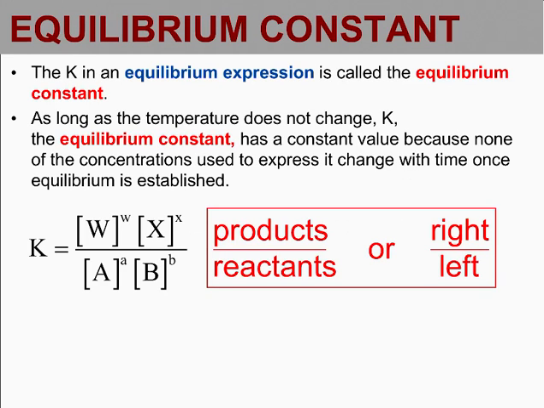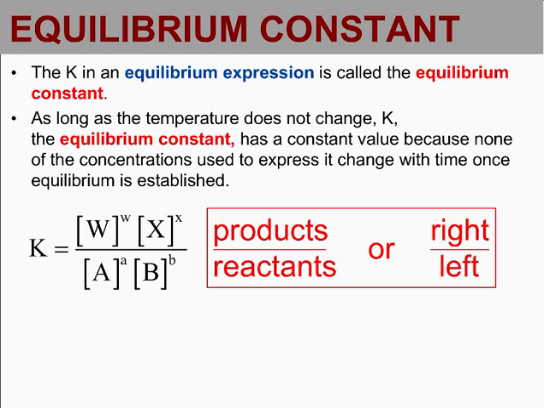All right. So the K in an equilibrium expression is called the equilibrium constant, so we already saw that. Now, as long as the temperature does not change, K has a constant value because none of the concentrations used to express it change with time once equilibrium is established.